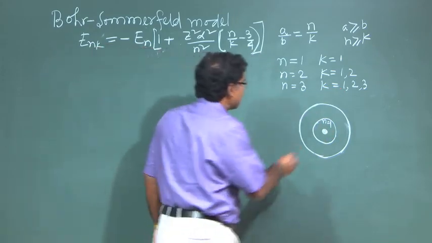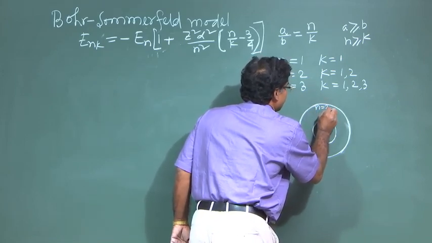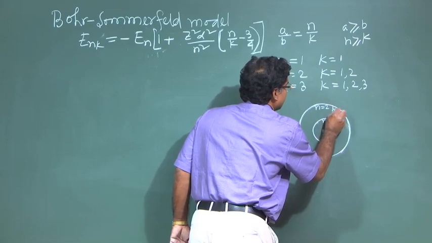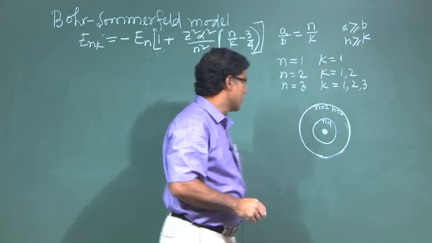So, this is n equal to 2 and k equal to 2. Now n equal to 2 and k equal to 1.